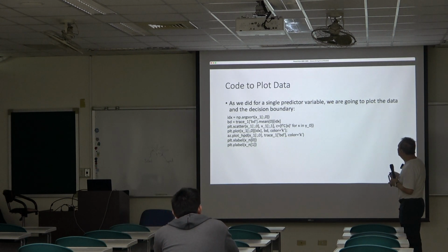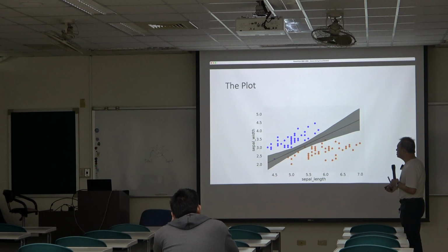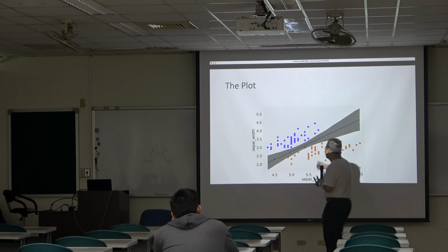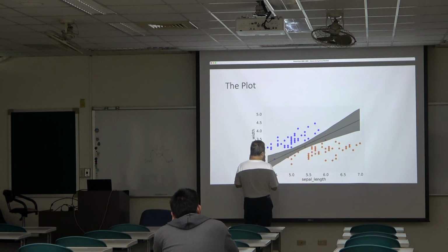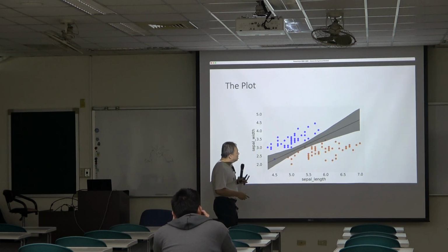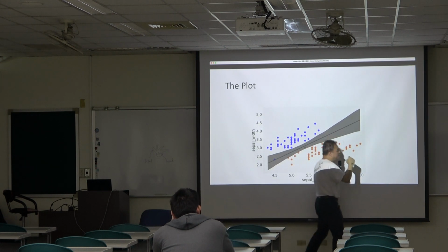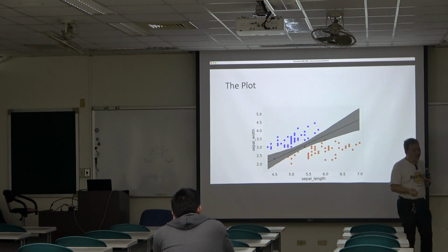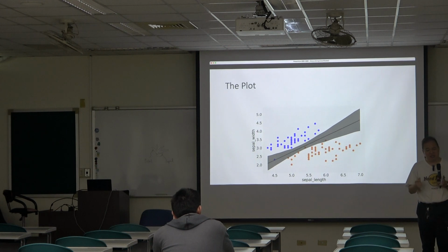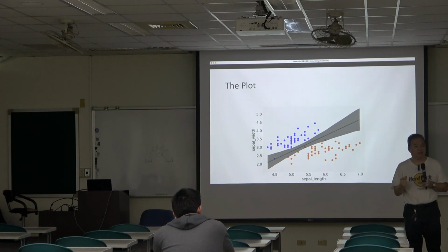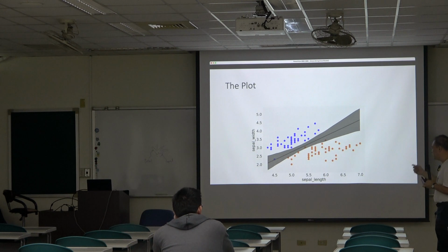You can plot the data and the decision boundary. It's going to look like this. The boundary is going to be a line, something like this. If you observe, this black line is created by the average of the posterior, so that's why it has a single line.